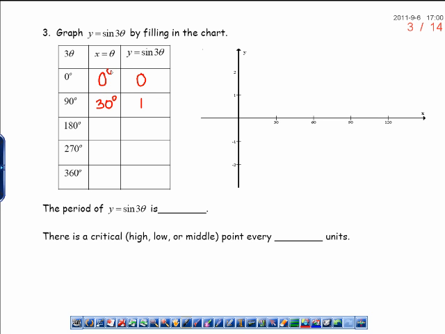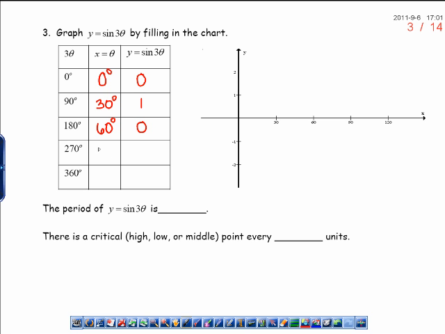Let me put a degrees here as well. So again, 180. If I divide that by 3, I'll get just theta, or my x, and that is 60 degrees. But when I'm taking sine of 3 theta, I'm really taking sine of 180, which is 0. And I can see the pattern in both columns.